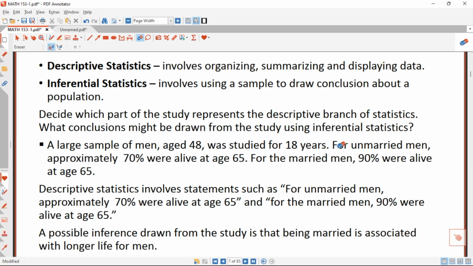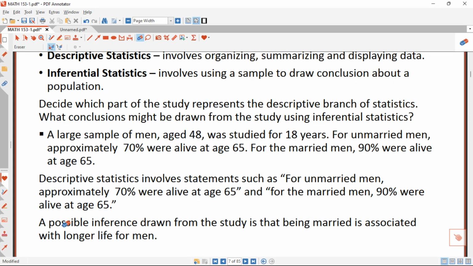So they have given that in percentages for us to really understand. So they said for unmarried men, approximately 70% were alive at age 65, and for the married men, 95% were alive at age 65. So that is the statistics that they have given us, the descriptive statistics, using percentages, right?